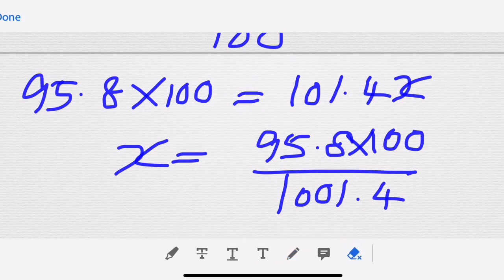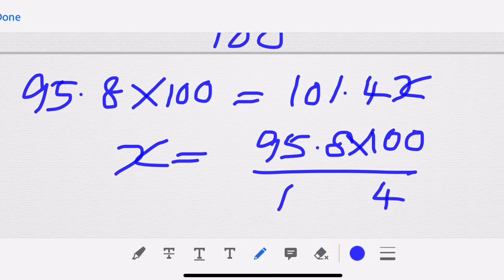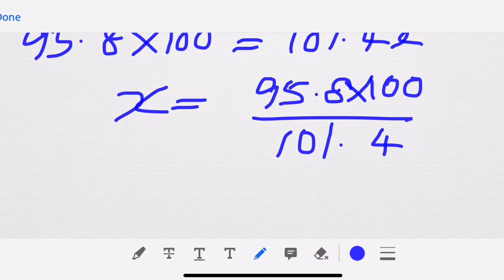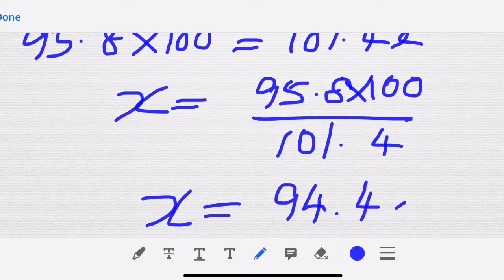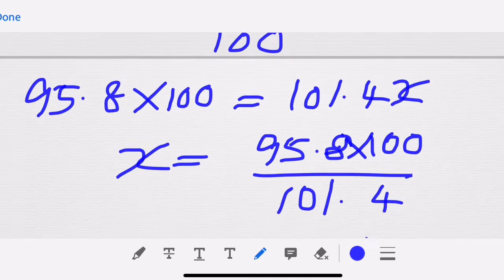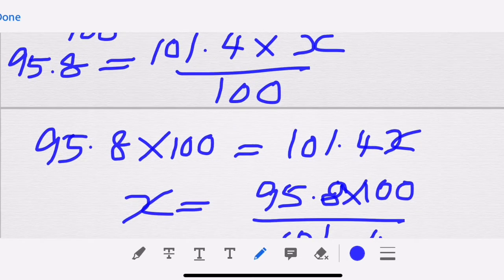So your X, if you press a calculator, you will get 94.48. Got it?